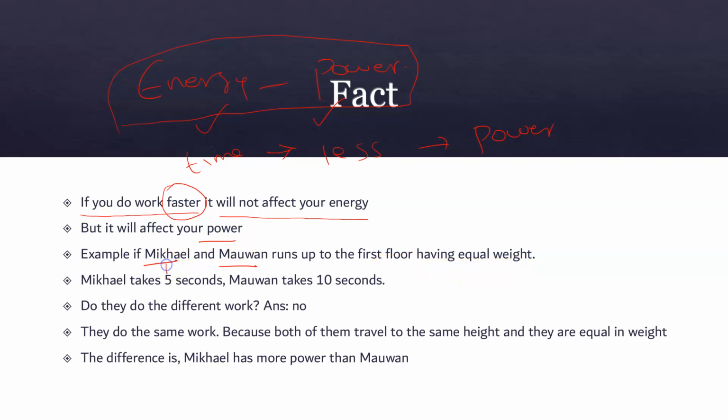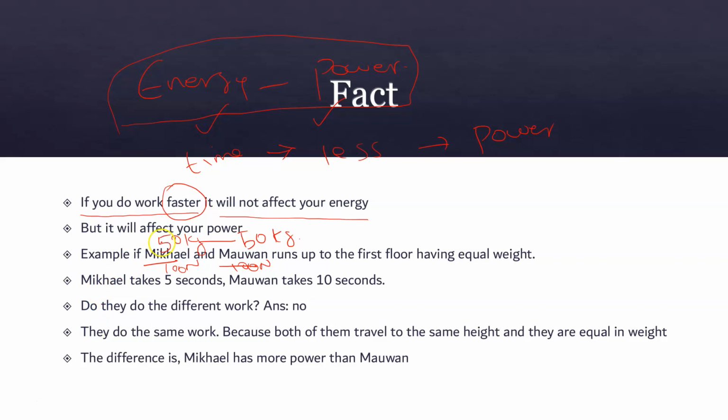Mikhail's weight is 100 Newton, Marwan's weight is 100 Newton. Weight we measure in Newton, and later we can discuss what is weight and mass. For example, 50 kilogram mass, and Marwan also 50 kilogram.